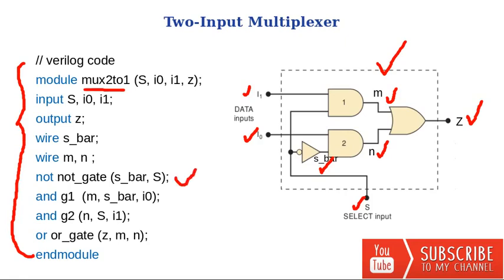Similarly, AND gate 1 and AND gate 2 are used to calculate this expression, and the OR gate is used to combine this expression, and we obtain the output Z. The code ends with the keyword endmodule.